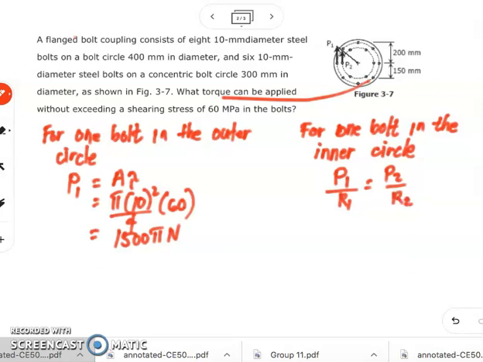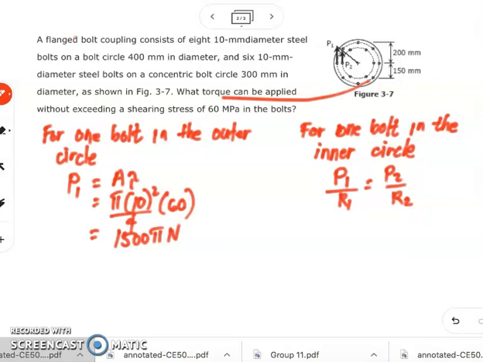We have derived this relationship using Hooke's law. This is the shearing force relationship with our radial distances.